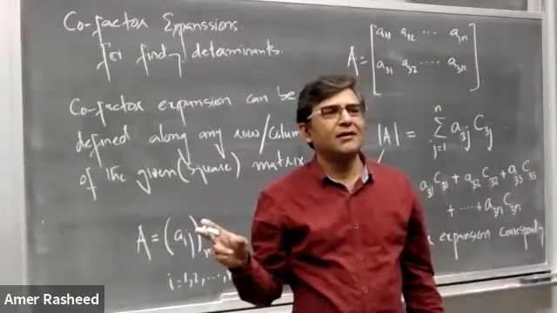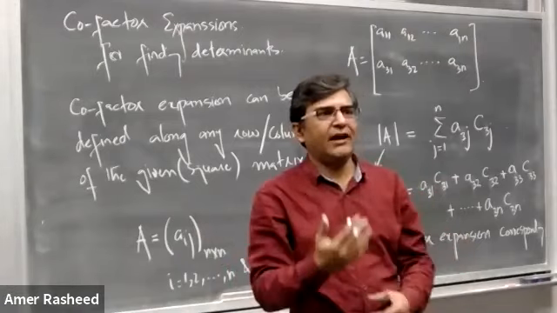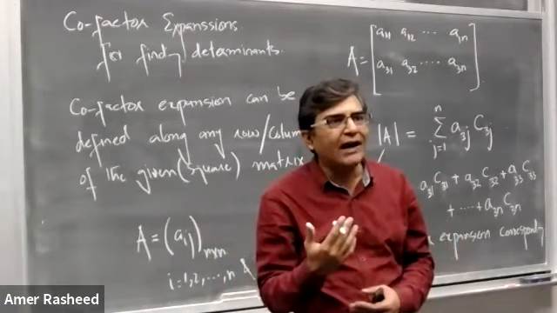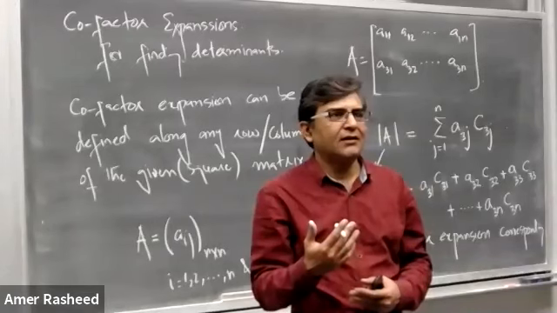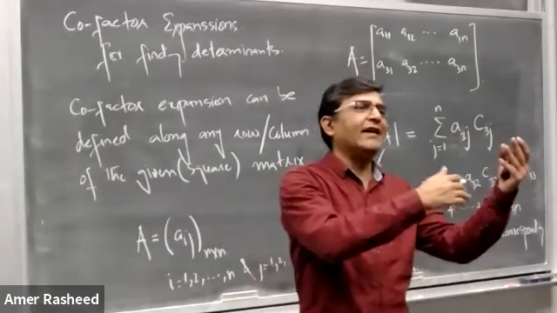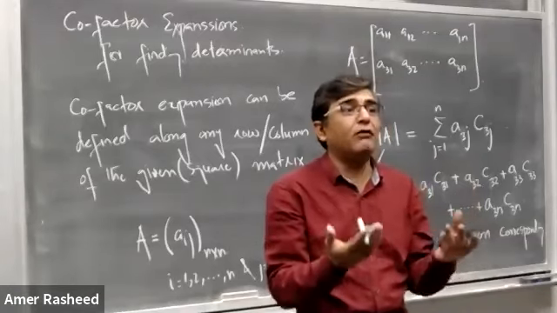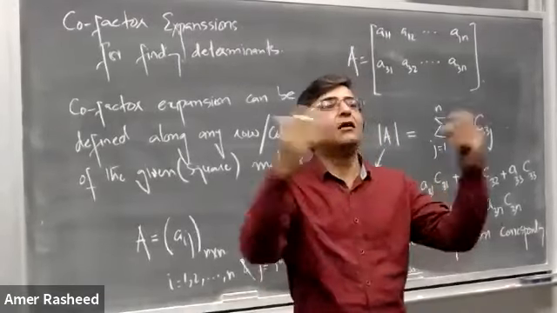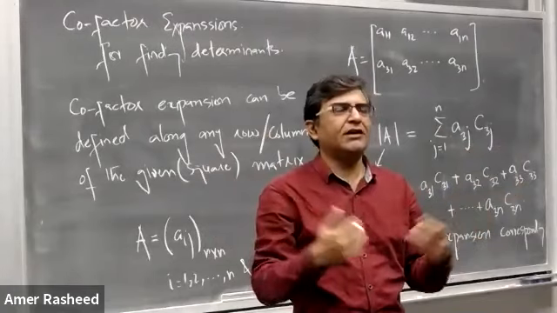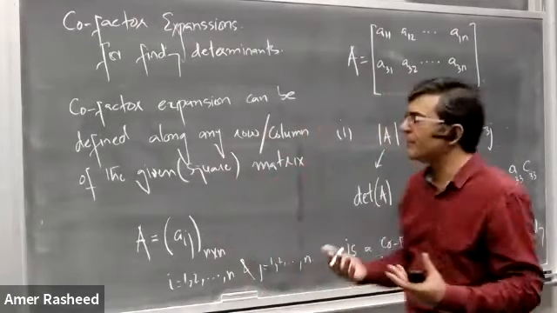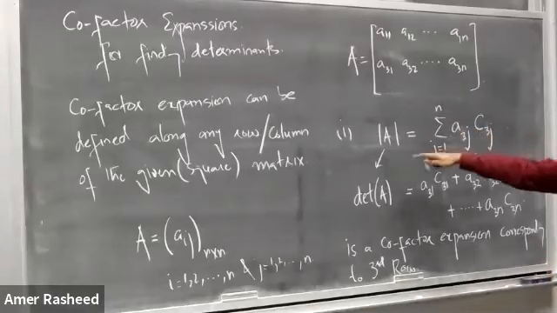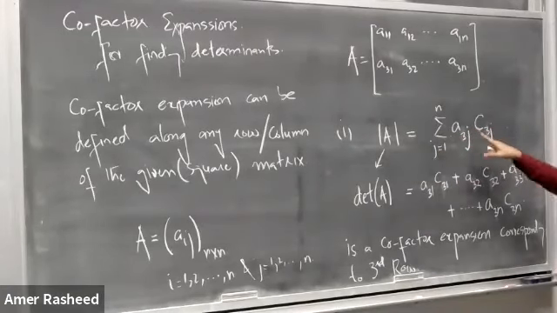You find all the cofactors, then find the adjoint of that cofactor matrix, and then you can find the A inverse. But we didn't discuss how to find the determinant of a matrix of bigger order, 3 by 3, 4 by 4, and so on. So this is how we are going to find the determinants by using cofactors.